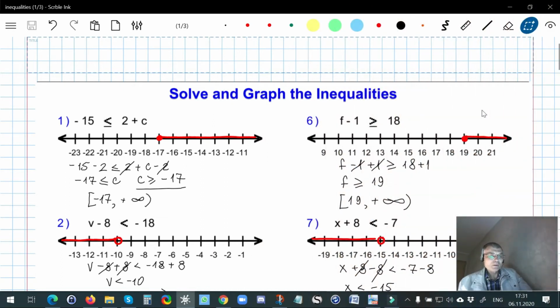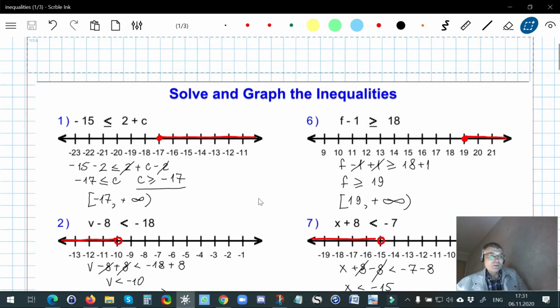Hello everybody. In the first part of this lesson, we solved and graphed one-step inequalities, and we only encountered addition and subtraction.